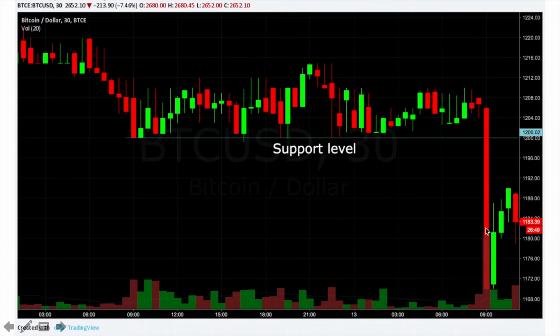Support breaks and new lows signal that sellers have reduced their expectations and are willing to sell even at lower prices. As you see from the chart, sellers were keeping price above 1200 for 12 hours, and suddenly they are ready to sell at far lower prices.